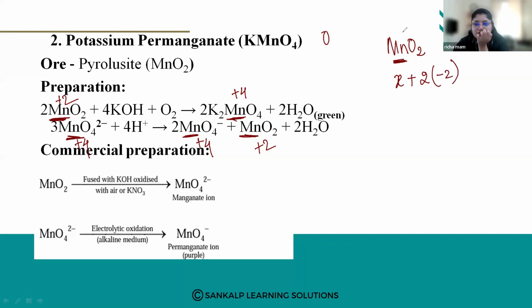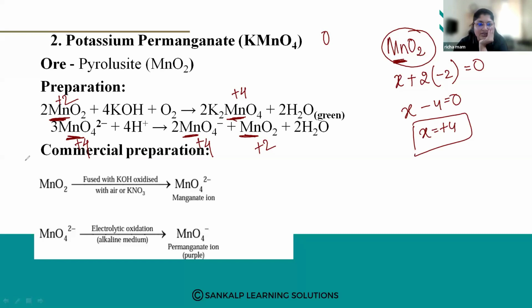So the whole charge on this is 0. Now solve this: X - 4 = 0. If you transfer, x is equal to +4. So the charge is +4.